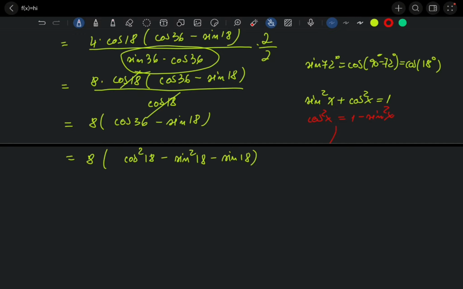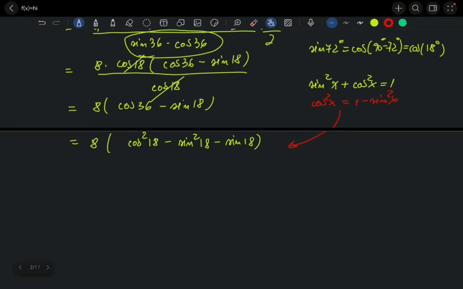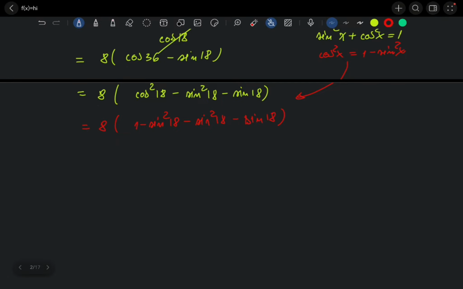And we use this in our expression, and we'll get 8 all over 1 minus sine squared of 18 minus sine squared of 18 and minus sine of 18. After simplification, we get 8 all over 1 minus sine of 18 minus 2 times sine squared of 18 degrees.